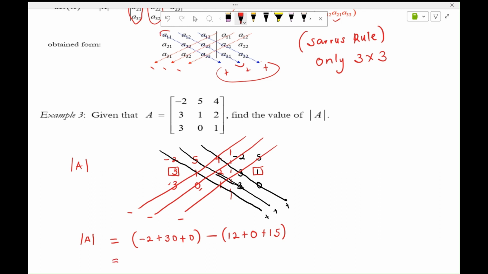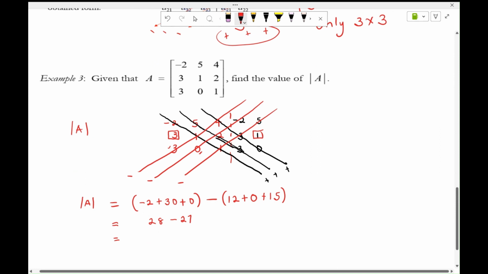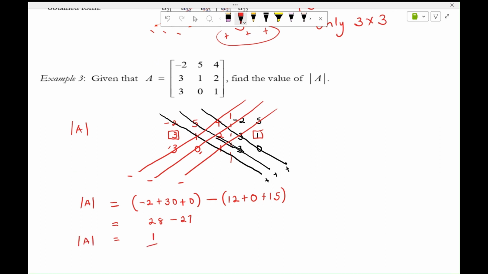Minus 2 plus 30 is what? It's going to be 28, because of the 0, so still 28. Then minus, here we have 12 plus 0 plus 15, which is 27. And now what will be the answer? The determinant is just going to be 1. So the determinant of A is 1.